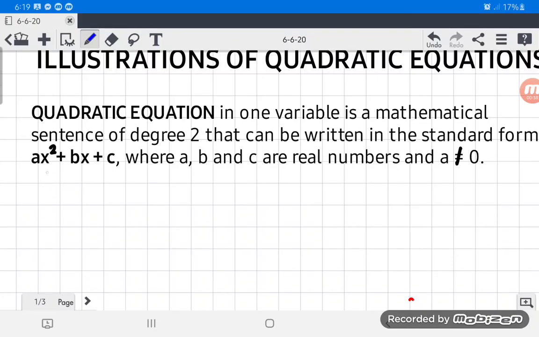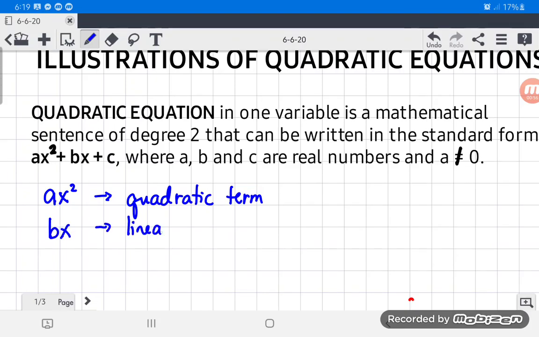So here, in the quadratic equation, ax squared is what we call the quadratic term. Bx is the linear term. And then c is the constant term.